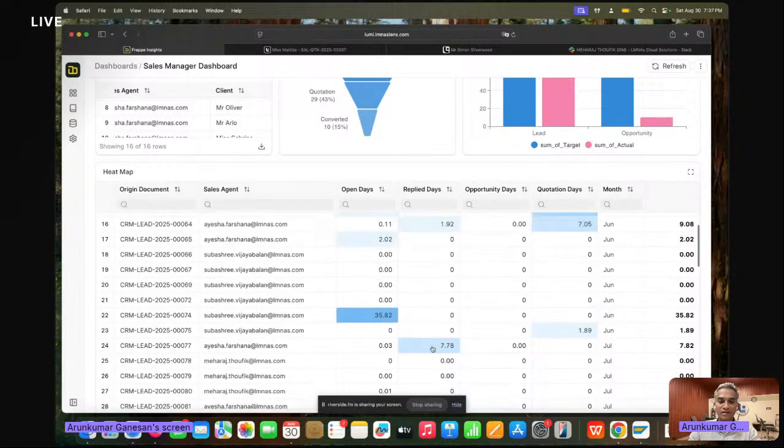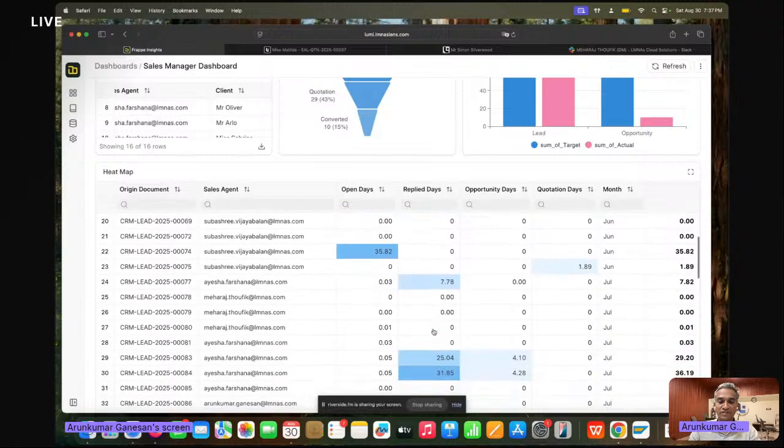Probably we could go and understand why this is happening on a particular stage. Maybe there is no system which reminds them. There is no easy way to communicate to the customer, or they are communicating but it is not logged in the system. They are forgetting to log into the system, and so on and so forth.